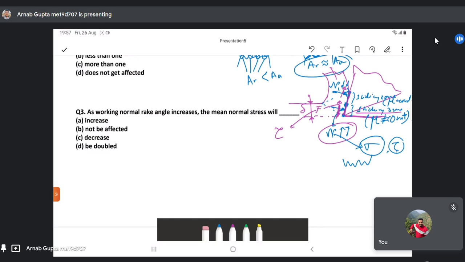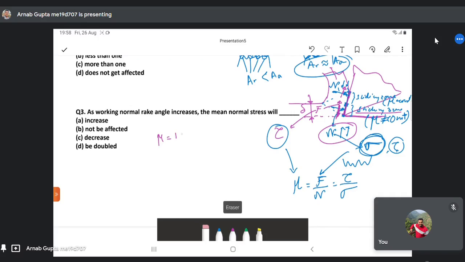If you have gone through the video lectures carefully, then in one of them sir has already discussed the derivation for this tau and sigma, and from there we could calculate the value of the coefficient of friction, which is nothing but F by N. So from here we arrived at a particular equation. So lambda is your friction angle.